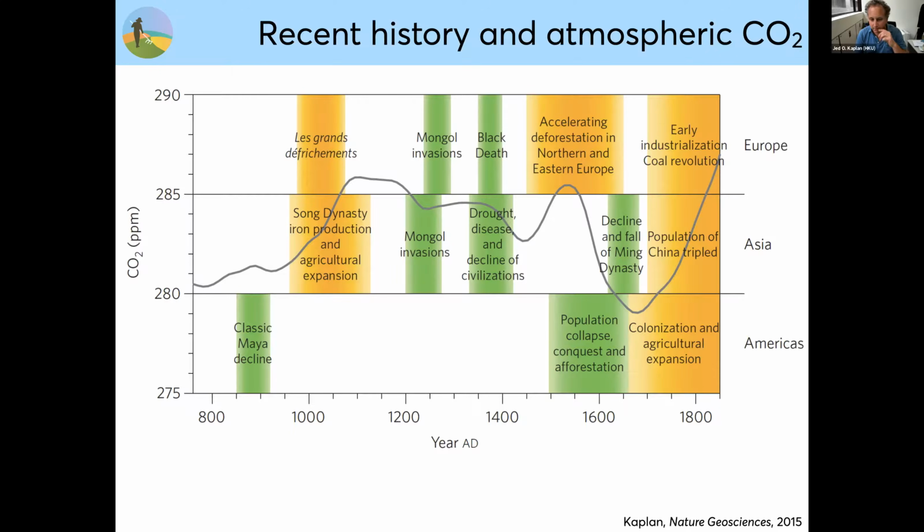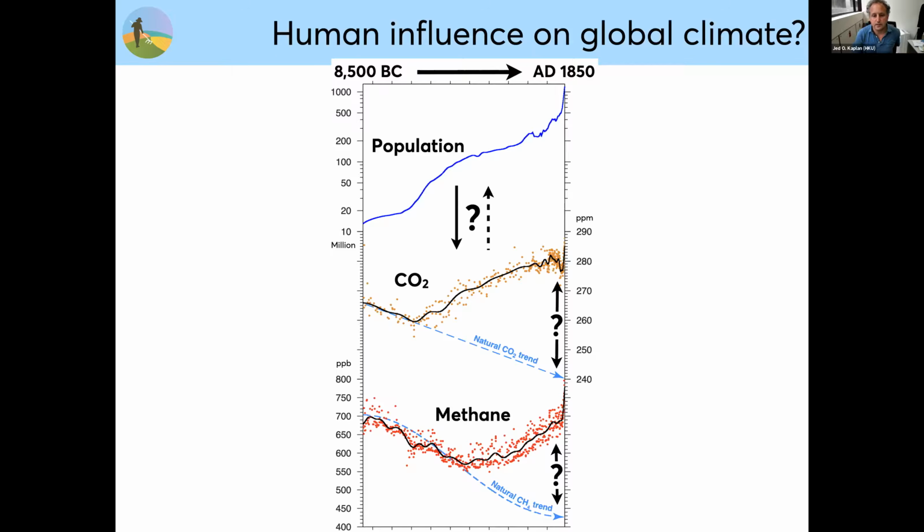So I'm almost done. I want to come back now to this anthropogenic CO2 and anthropogenic methane and anthropogenic land cover change, and try to understand what this implies for global climate.